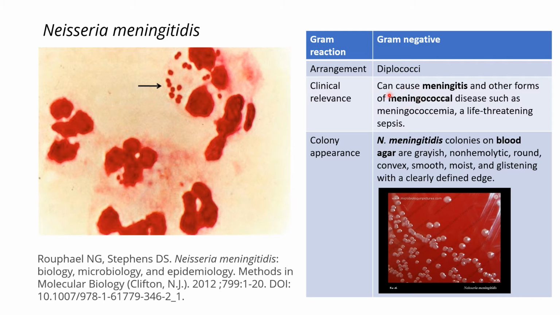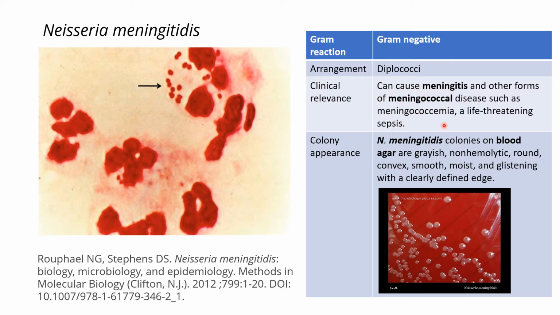Meningo, like meninges, the membrane found in our brain, and coccal, of course, cocci, round bacteria in the meninges. In the bloodstream, when bacteria goes in the blood, it can cause sepsis. Under blood agar plate, they are non-hemolytic bacteria.